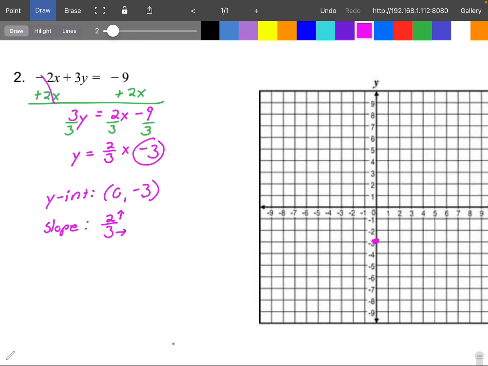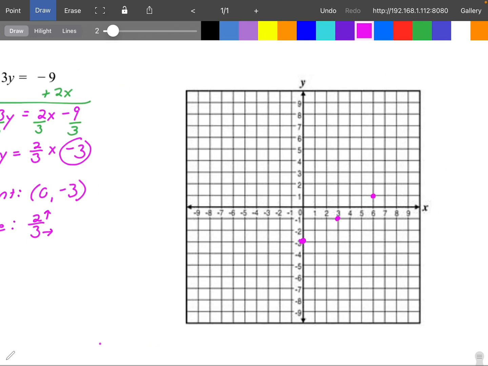So from our y-intercept, we count up 2, and then right 3. And we're going to do that again, up 2, right 3. And we're going to do that as many times as we can until we run out of room. Then go back to your y-intercept and go backwards. Down 2, left 3, down 2, left 3, and down 2, left 3. And then we connect our points, and we have our line.